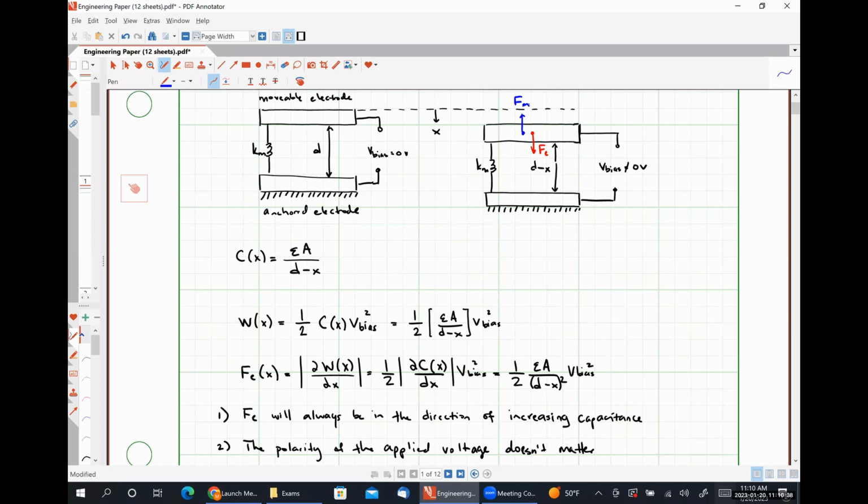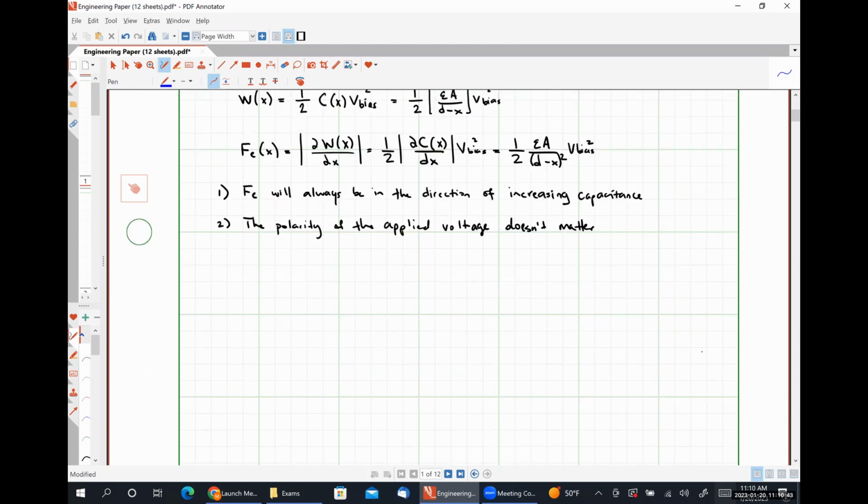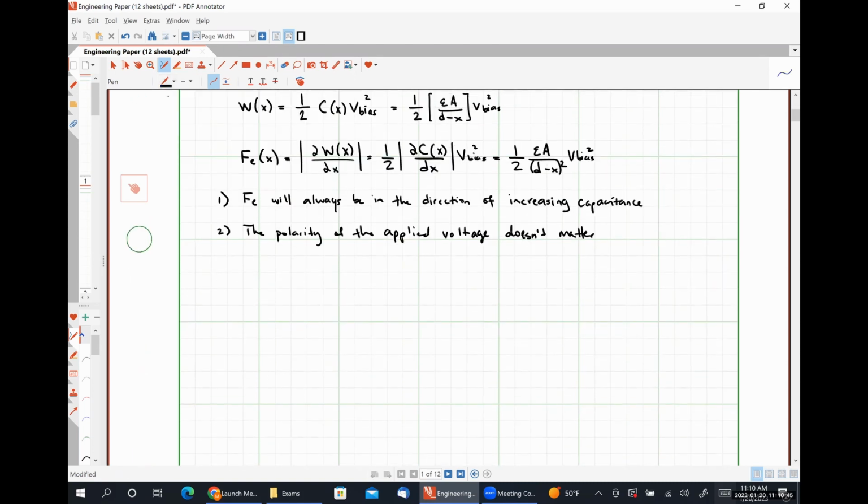So we have forces acting in opposite directions. The total force acting on our system, F total, is simply the sum of our electrostatic force, so that's the voltage trying to compress the plates together, plus our mechanical force or our spring force trying to keep the plates apart.